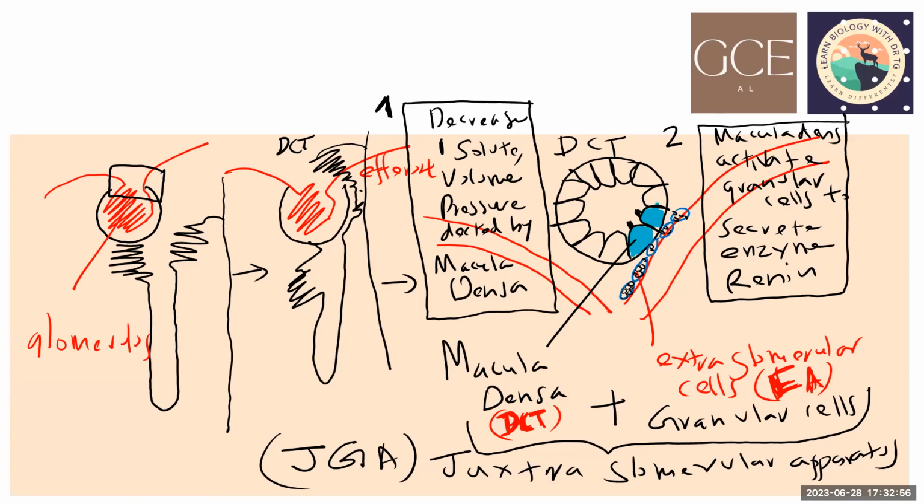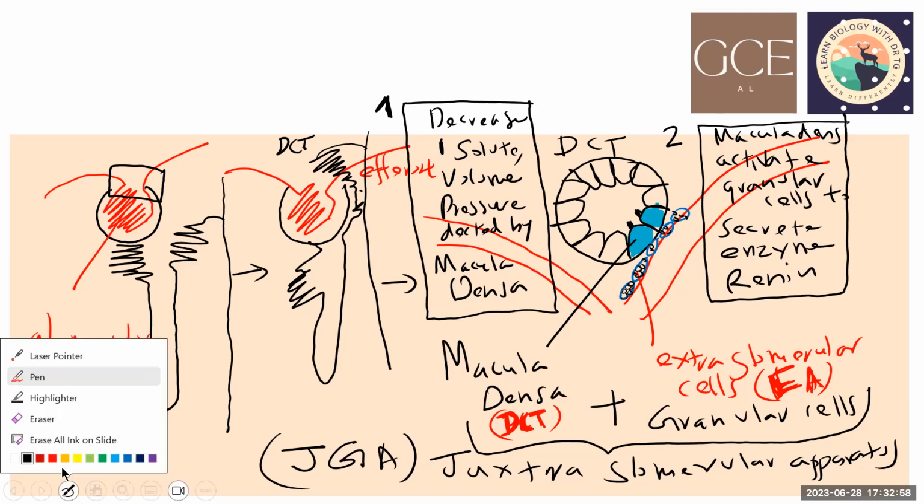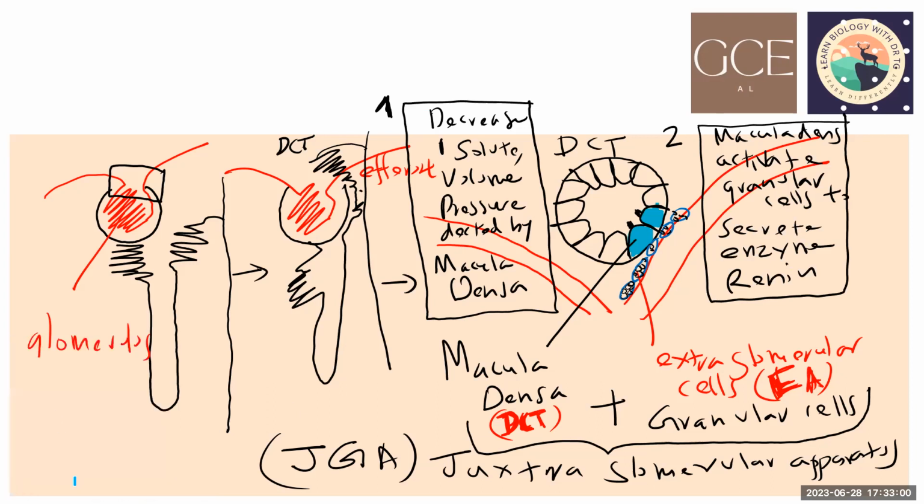Now, number one, this is detected by the macula densa because you can understand they are very special cells inside the lumen. The distal convoluted tubule still consists of the filtrate. It is not urine, because I said this place and this place are very important for reabsorption and secretion, and even when it is going down to the collecting duct, there is still absorption of water.